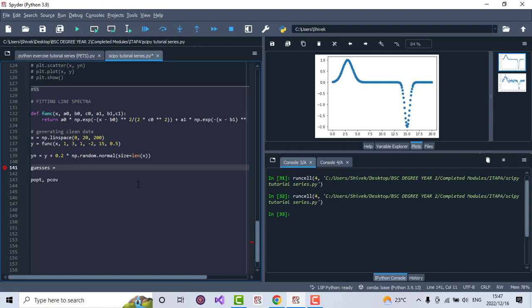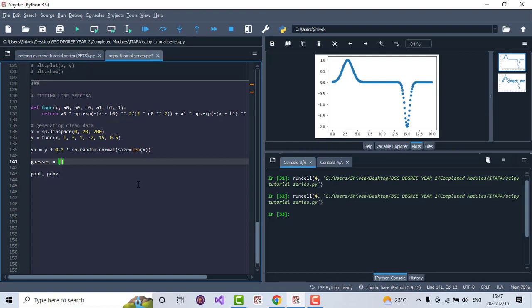When we are attempting to do something similar to line spectra, which means basically fitting two or more Gaussian distributions to a set of data, using the CurveFit function we have to provide SciPy's CurveFit function with guesses as to what we think the values of the constants in the equation are.